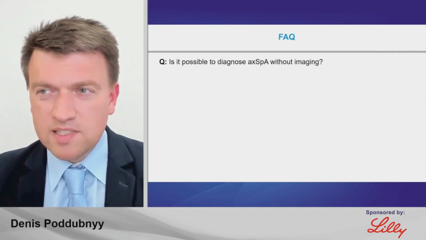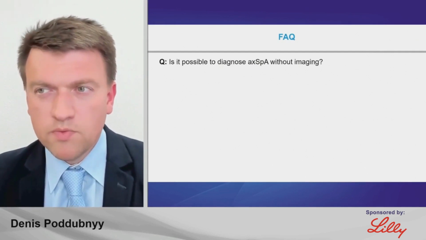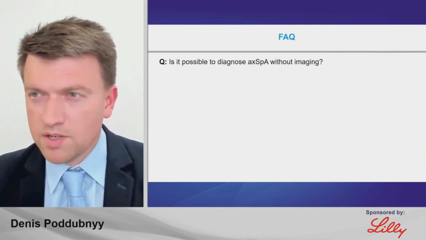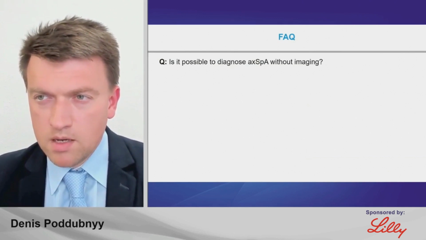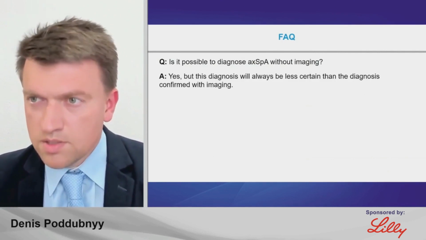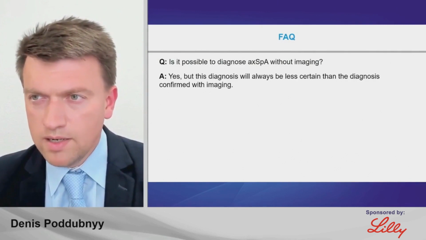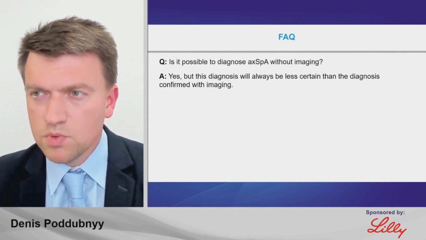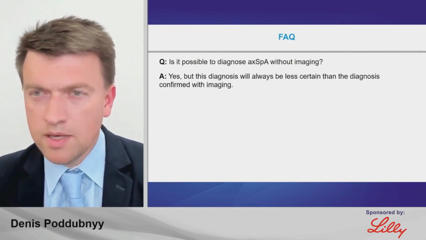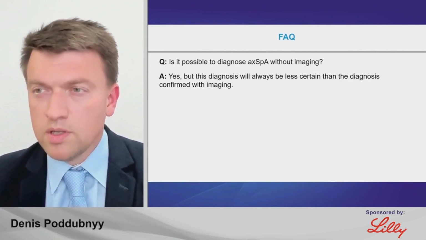In the context of axial spondyloarthritis, there are several frequently asked questions, and one of those questions is: is it possible to diagnose axial spondyloarthritis without imaging? The short answer is yes, it is possible, but you need to keep in mind that such a clinically based diagnosis would always be less certain, less reliable than a diagnosis which is also based on imaging findings.